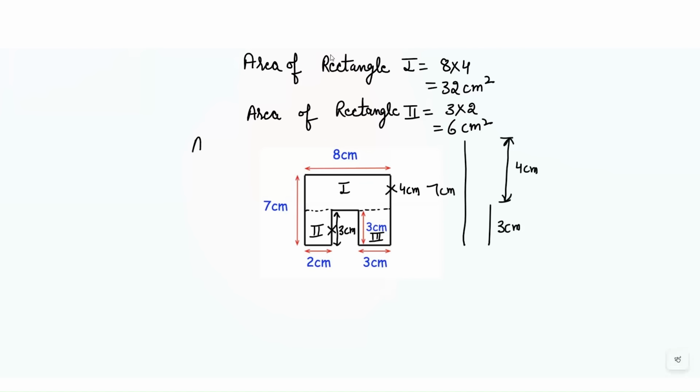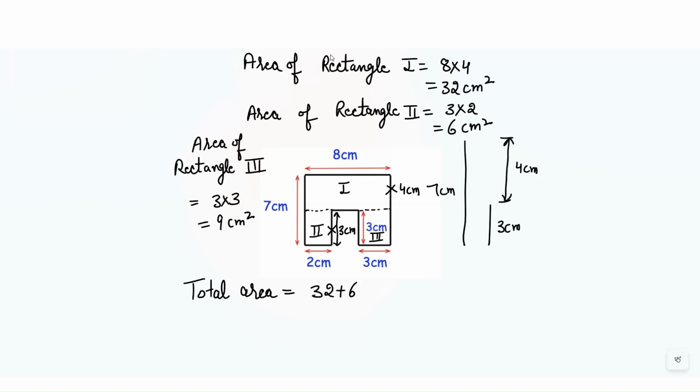And area of rectangle 3 is equal to 3 into 3, which is equal to 9 centimeters square. So total area is equal to, we will add all these together. 32 plus 6 plus 9, which is equal to 47 centimeters square.